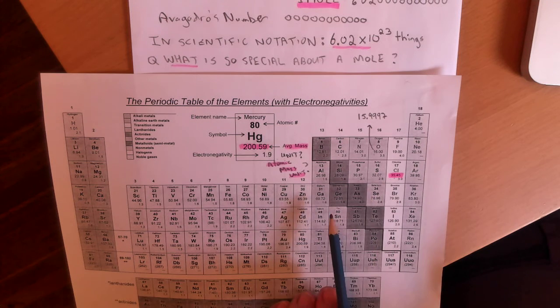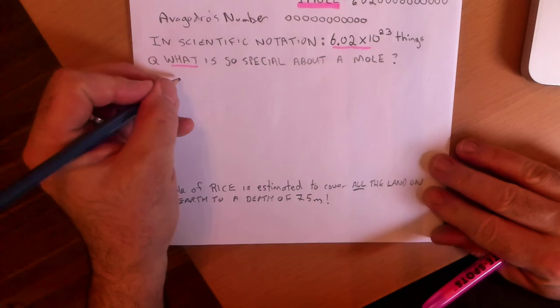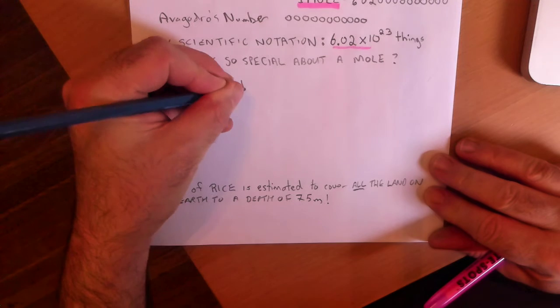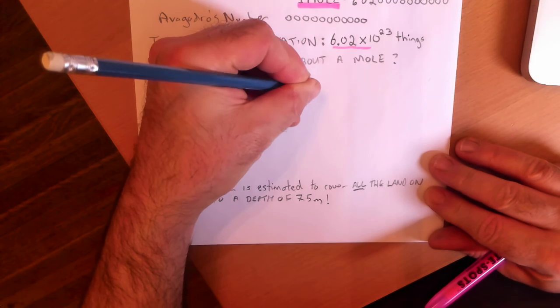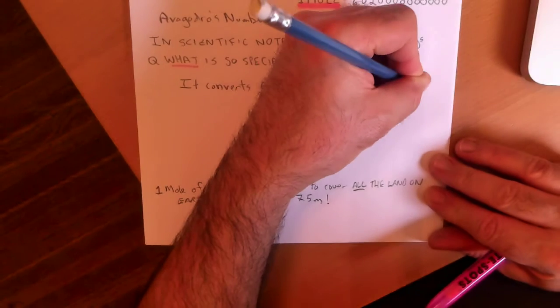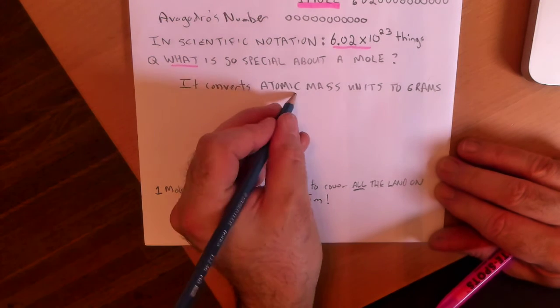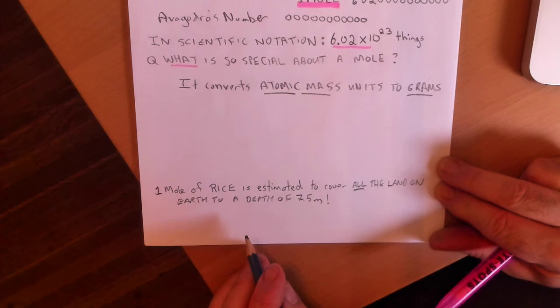So the special thing about a mole is it converts atomic mass units into grams. So it converts between the microscopic atomic world and the macroscopic world that we can actually measure with our devices.